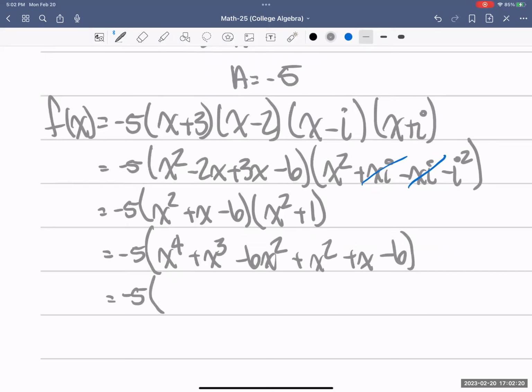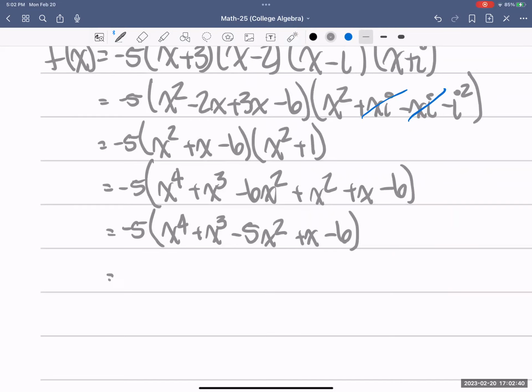Combine like terms: x to the power 4, there's only one, plus x cubed, there's only one of those, x squared, we have -6 plus 1, that's going to be -5x squared. x's, we only have one, plus x, -6, we only have one constant. And we're multiplying each of those terms by -5. -5x to the power 4, -5x to the power 3, plus 25x squared minus 5x plus 30.